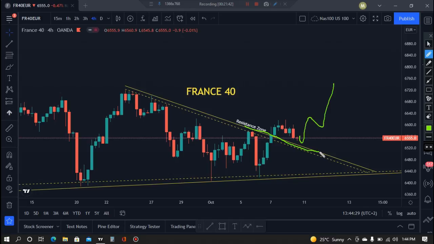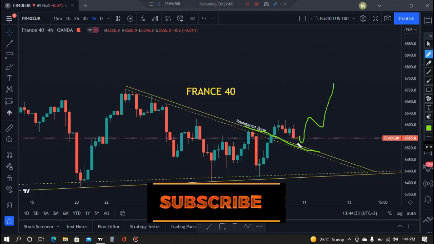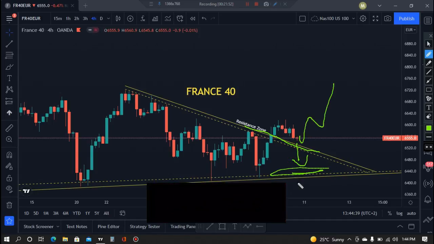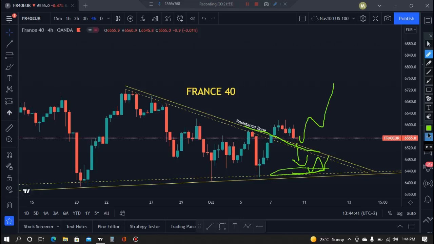Unless the opposite happens, maybe the market will come back here and touch our support, and around this support maybe the market will bounce back. But that's for another day, which is tomorrow.